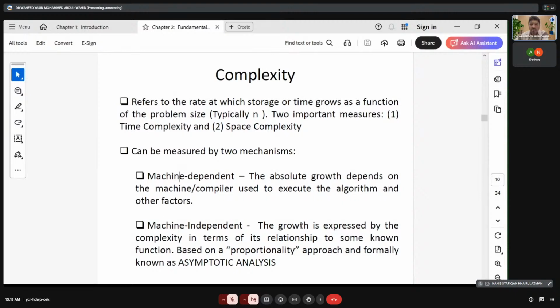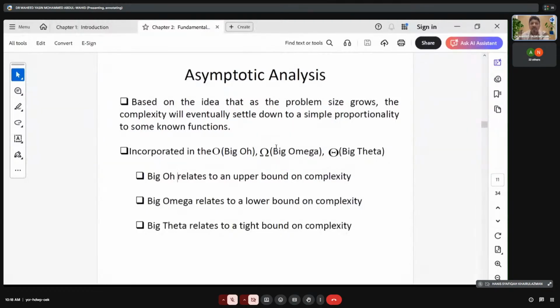Machine independent: the growth is expressed by the complexity in terms of its relationship to some known function, based on proportionality, an approach formally known as asymptotic analysis. It is based on the idea that as the problem size grows, the complexity will eventually settle down to a simple proportionality to some known function.